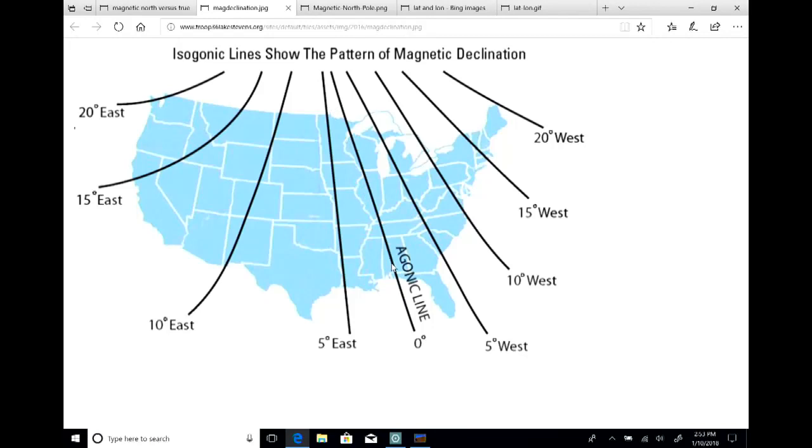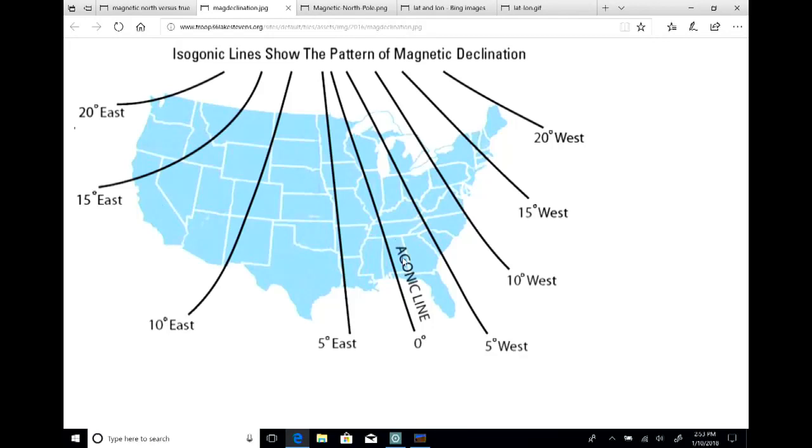It's that line where true north and magnetic north coincide, but there's no wobble with the agonic line. The isogonic lines will all ultimately curve at some point, okay?